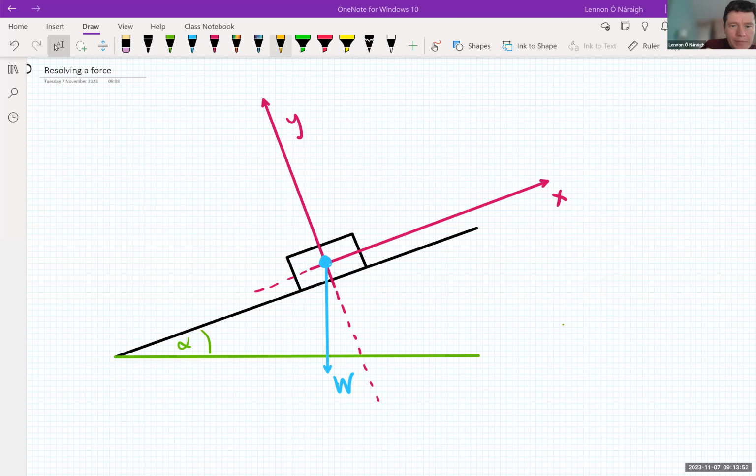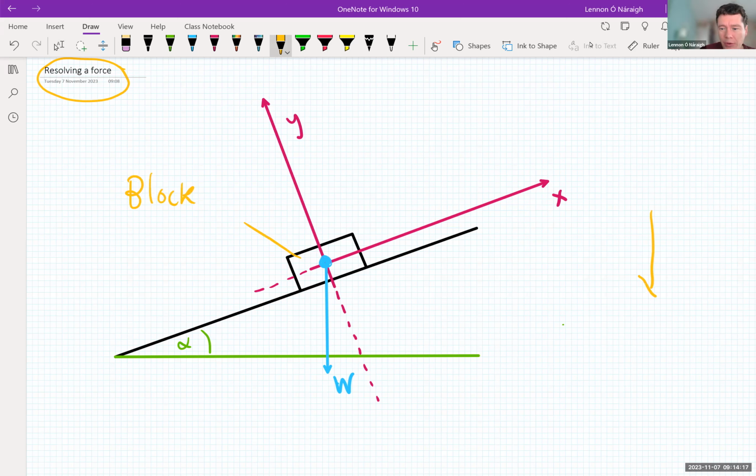Hello. So in this very brief lecture, I'm going to show you how to resolve a force along two directions. I've drawn a very standard picture here in mechanics. I have a block on an inclined plane.